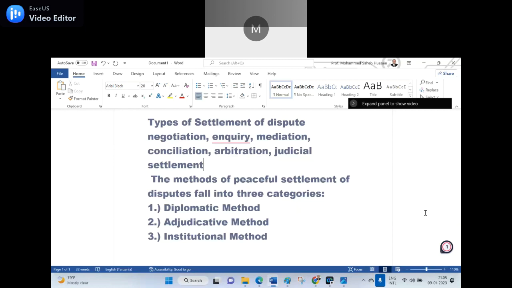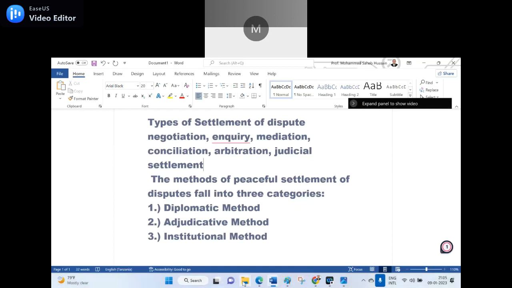And the adjudicative method is through the court. What are the courts? Tribunals, the International Court of Justice, or any court where the parties have agreed together. And the institutional method: organizations, regional offices, and those are the methods that you would adopt.